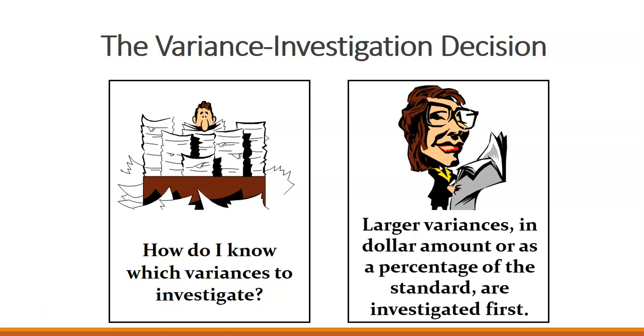So it can't just be unfavorable or favorable variances. So many companies will set a threshold dollar amount or percentage amount and say if the variance is above this amount or this percentage, then we're going to investigate those. Otherwise, we just factor it in as a variance that's normal business activity.